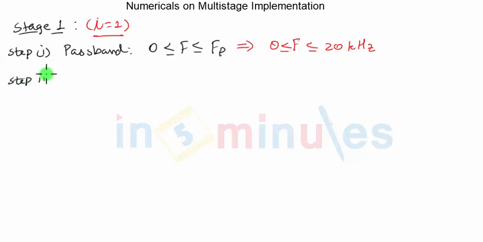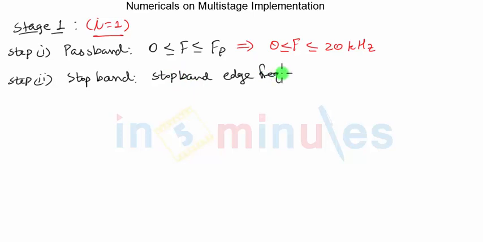Step 2 will be about the stop band, and the stop band will require the stop band edge frequency. Unlike the previous case, we don't write the entire range of the stop band here. We will just calculate the stop band edge frequency directly.